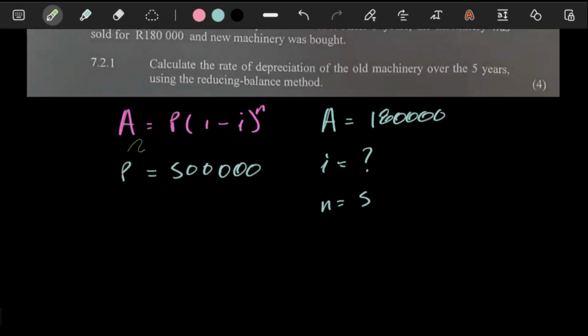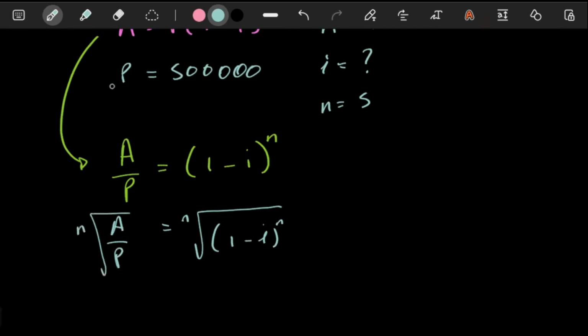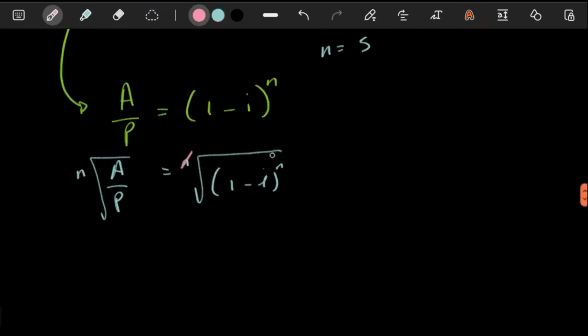What I prefer to do is isolate i here. To do that, we can divide both sides by P. A over P is equal to (1 - i)^n. To get rid of the n, you put a power of 1 over n on this side, and the n's would cancel out, and you do the same on the other side.